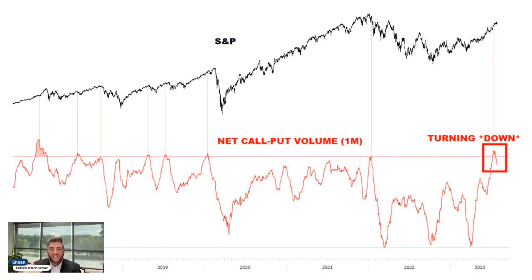So anytime it gets this high, represented by that red bar, look straight up on the line that corresponds with that, and you can see that this has preceded pretty significant weakness in the market.